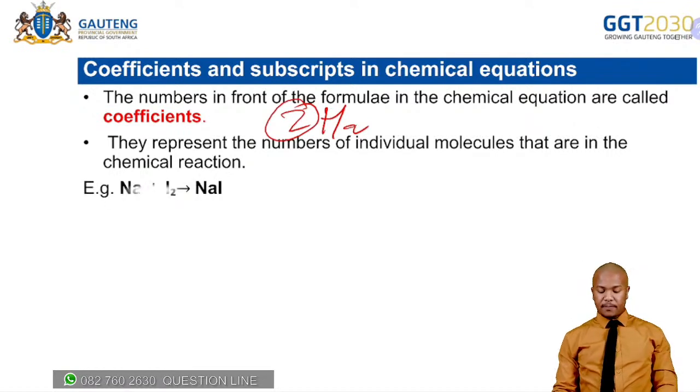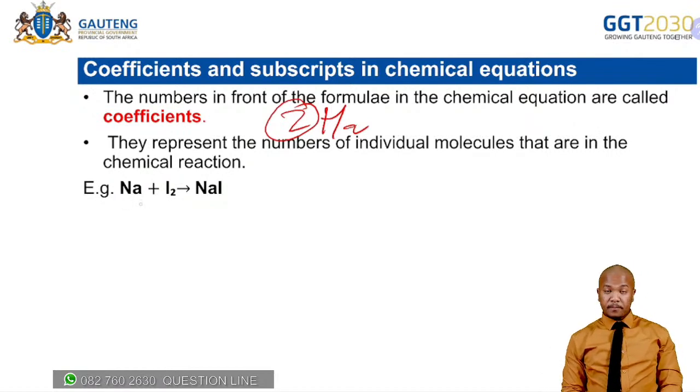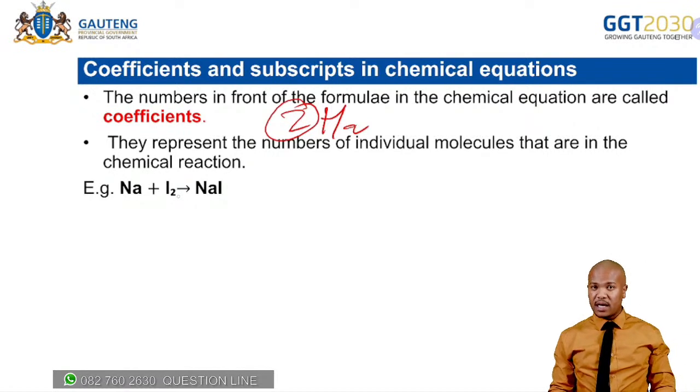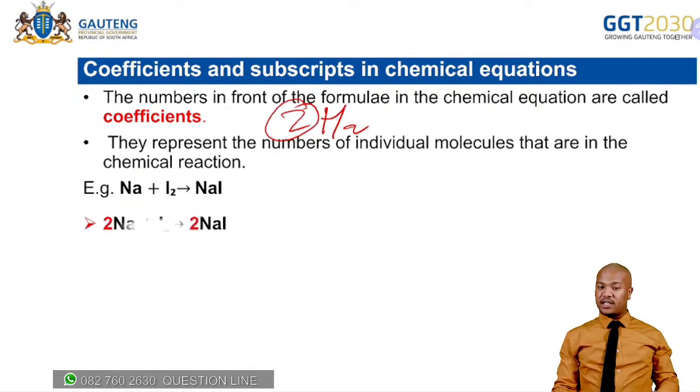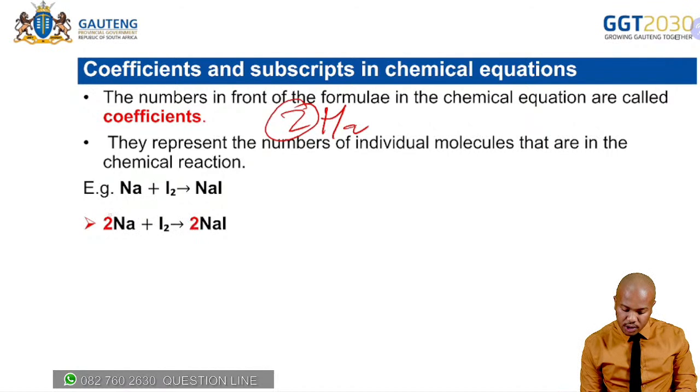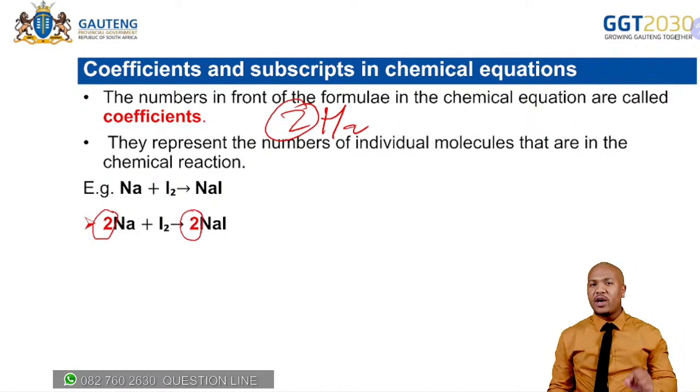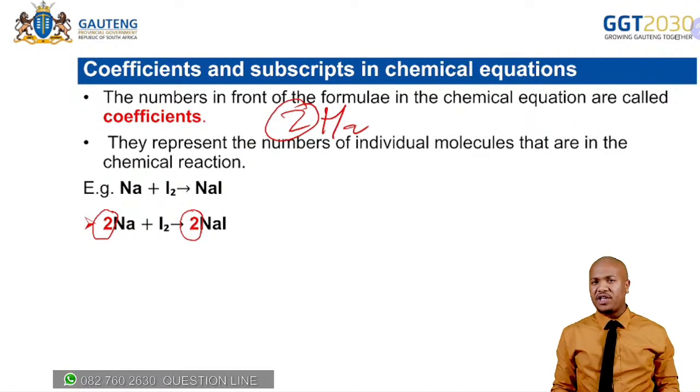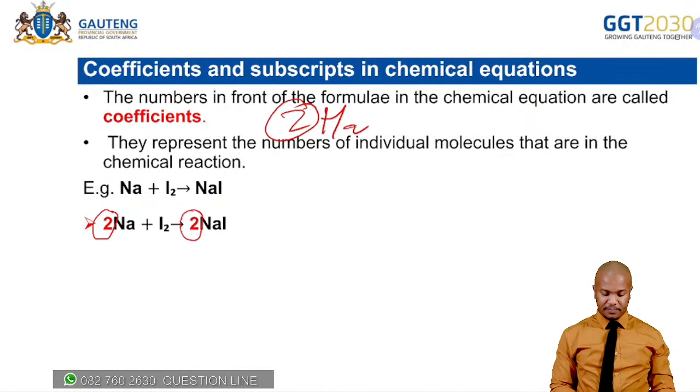It is found before or next to the element. Right. For example, here we have sodium plus iodine forming sodium iodide, right? Where is the coefficient here? Here are our coefficients. Now, I will tell you a story about these coefficients. I will tell you why they are added on the next coming slides.